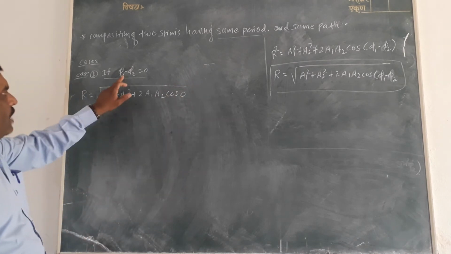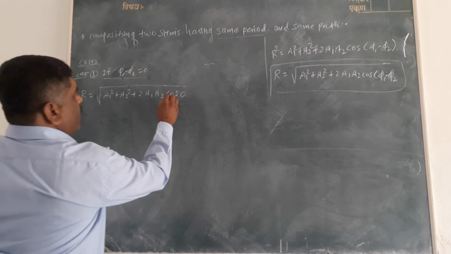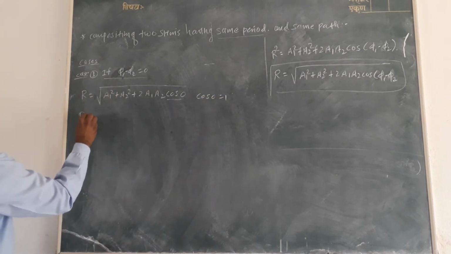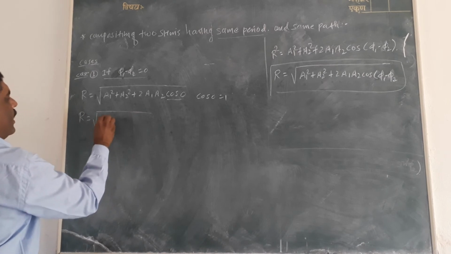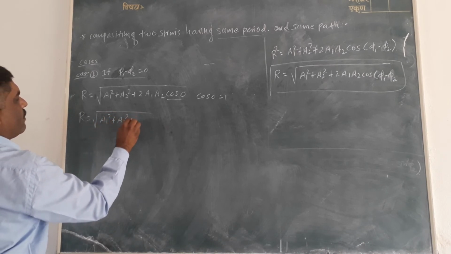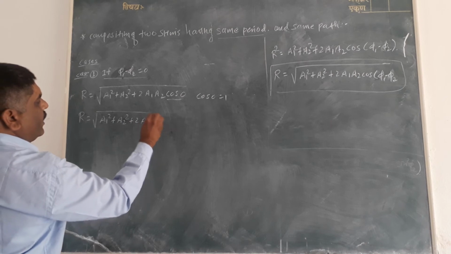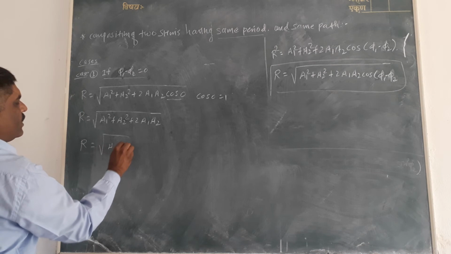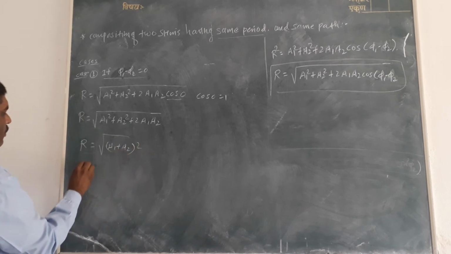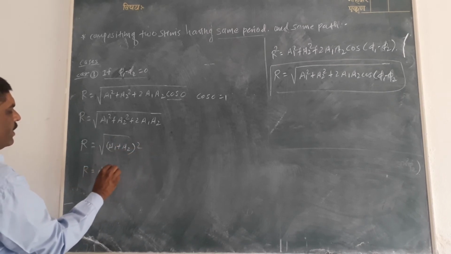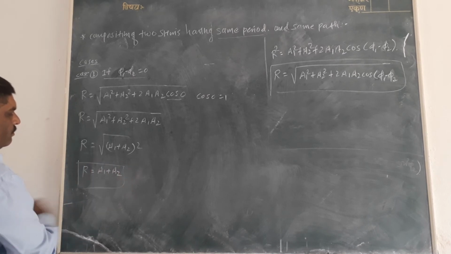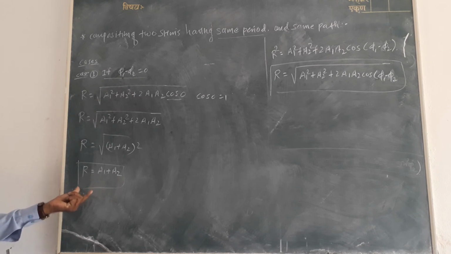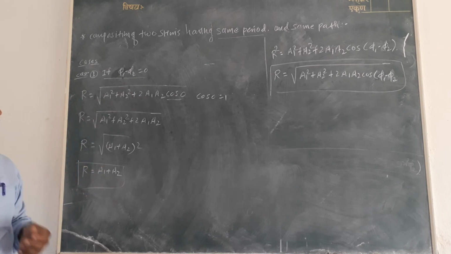Put values of phi 1 minus phi 2 is equal to 0, therefore cos 0 is equal to 1, therefore R is equal to under root A1 square plus A2 square plus 2A1A2, or this is nothing but R is equal to under root A1 plus A2 bracket square, or we get R is equal to A1 plus A2. If the phase difference is 0, then the resultant amplitude is R is equal to A1 plus A2.